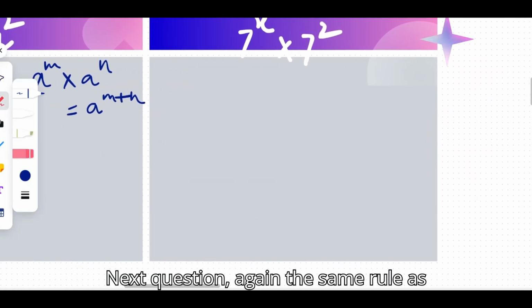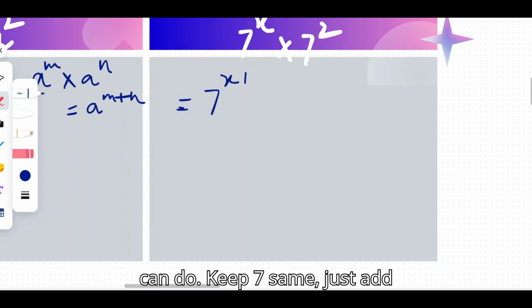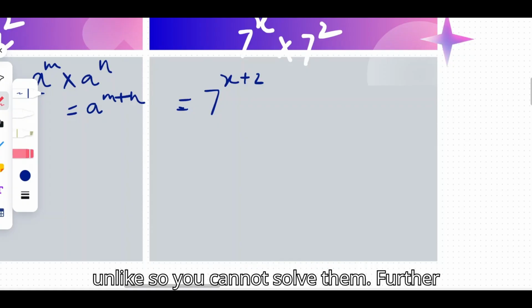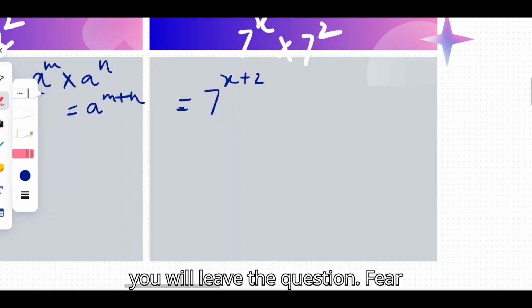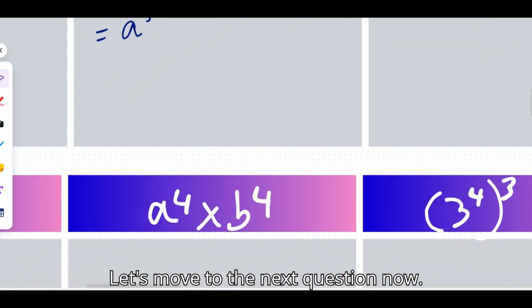Again the same rule, as you can see. So here you keep 7 the same, just add the powers. Now x and 2, are they like terms or unlike? These are unlike, so you cannot solve them further. You will leave the question here itself. Let's move to the next question now.